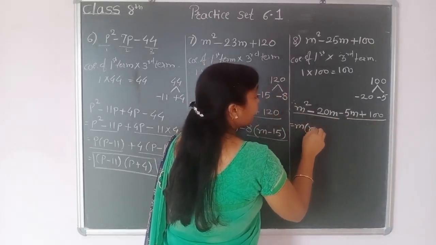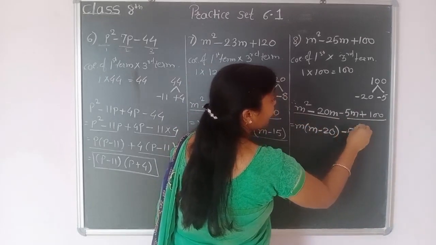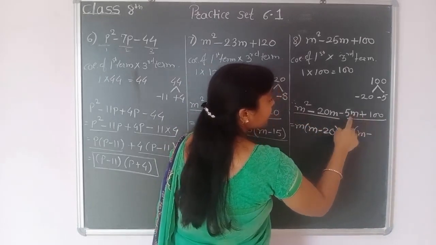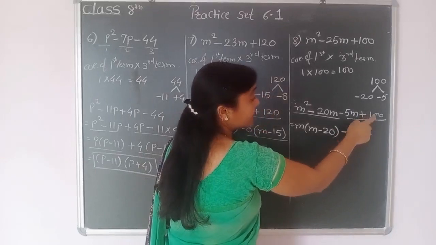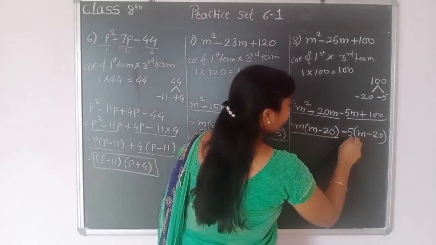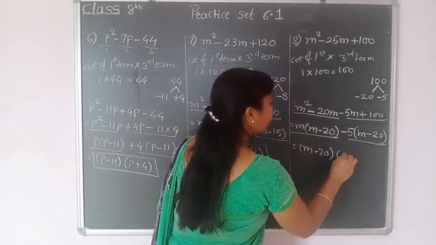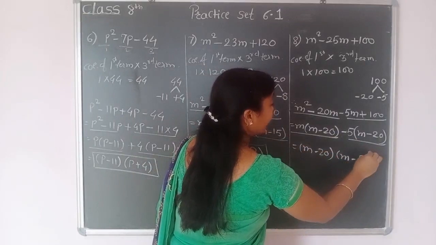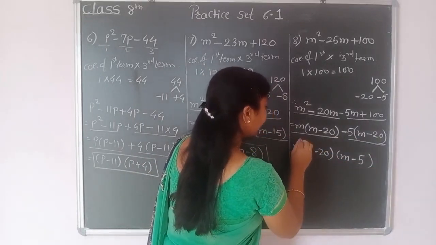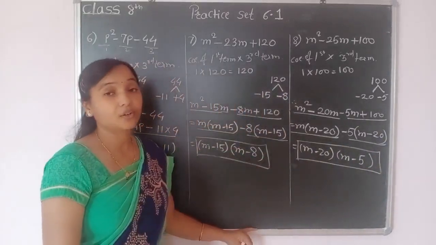M minus 20, then minus 5 common, m minus, here is minus common, then you change this sign, minus 20. Again one bracket is common, m minus 20, another bracket m minus 5. These are the factors of given trinomial.